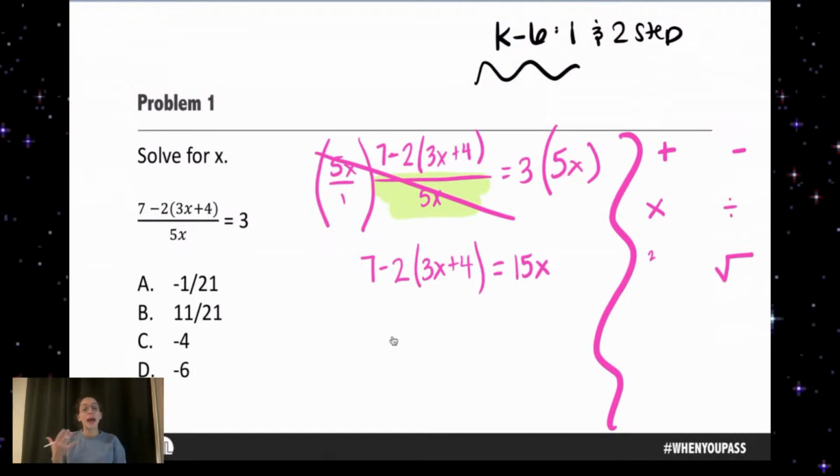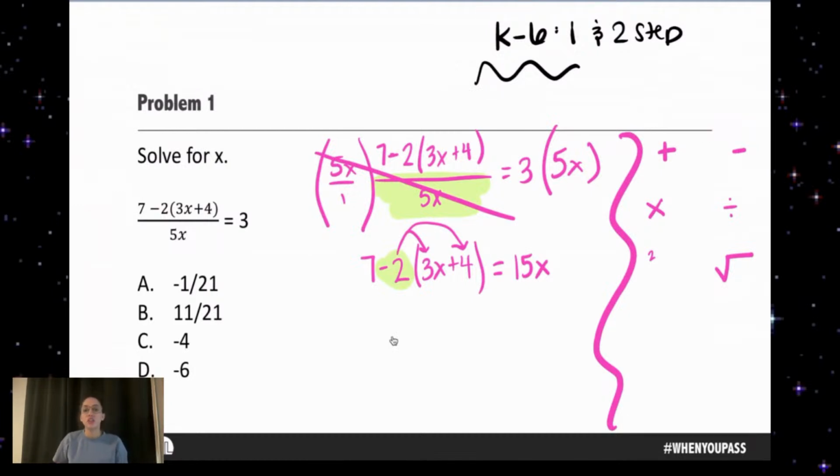Now, I can go ahead and begin to simplify this. Again, this is a multi-step problem, so it's going to require multiple steps. The first thing I'm going to do is distribute this negative 2 all the way through. Realize that I said a negative 2, not just 2. It's not 7 minus 2 and I'm only distributing that 2.